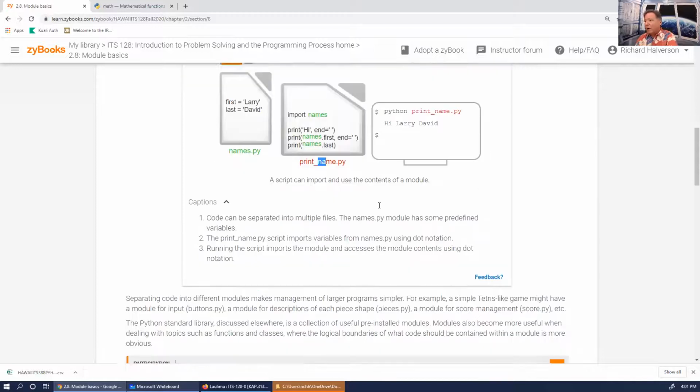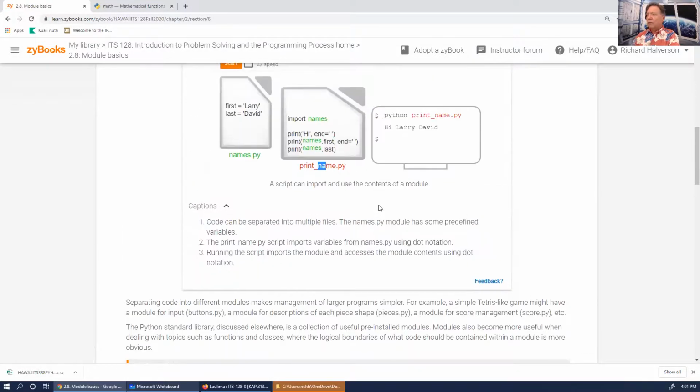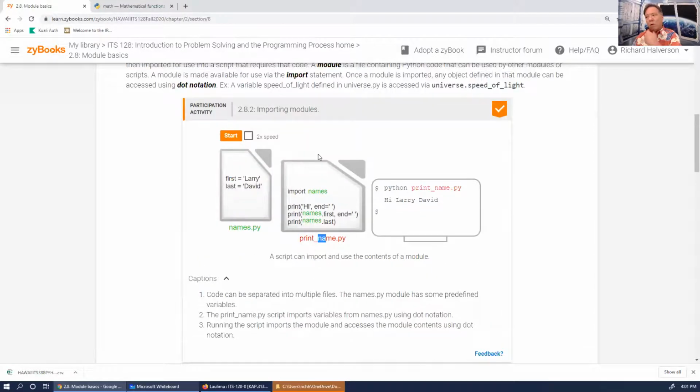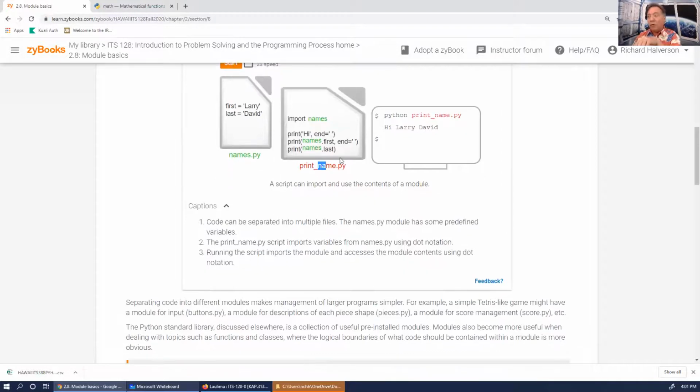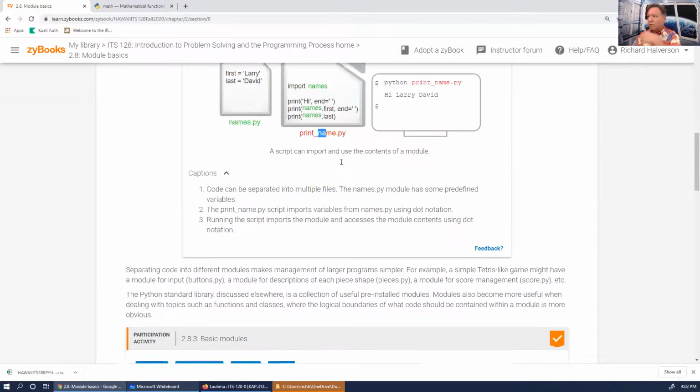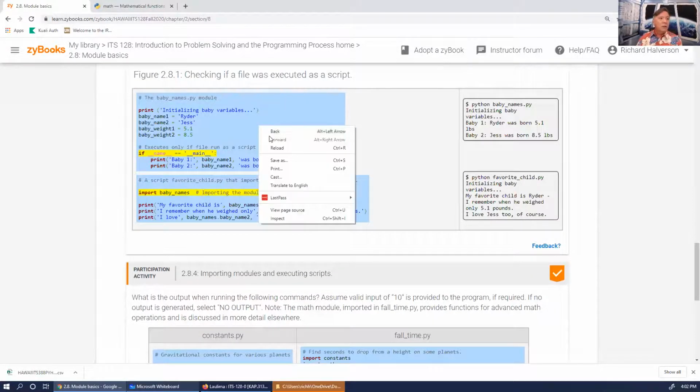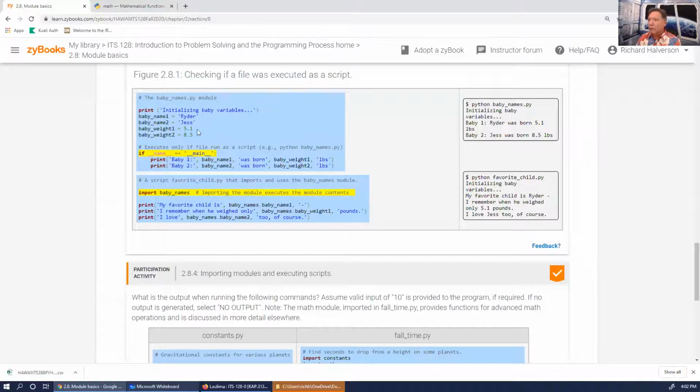Now, sometimes in your module you'd like to know if this module is actually being imported by something else. We want to do one thing if it's imported, but something different if the module is being run all by itself as a standalone program. Here we have two modules: one called baby names, and one called favorite child.